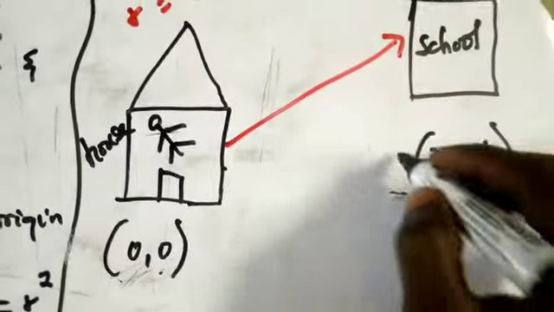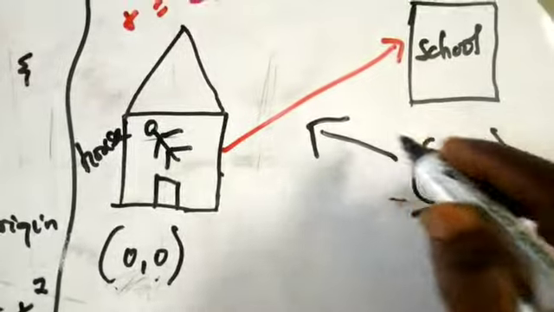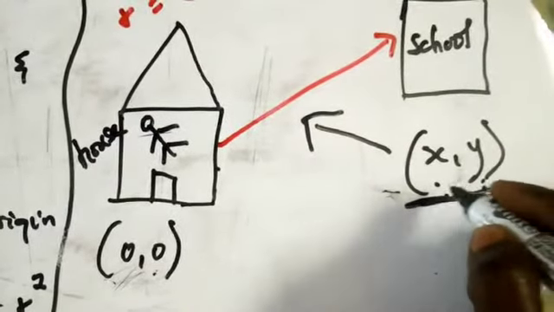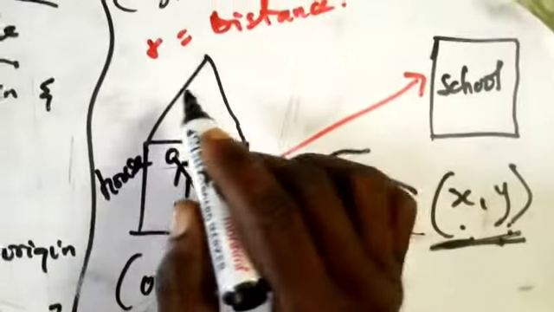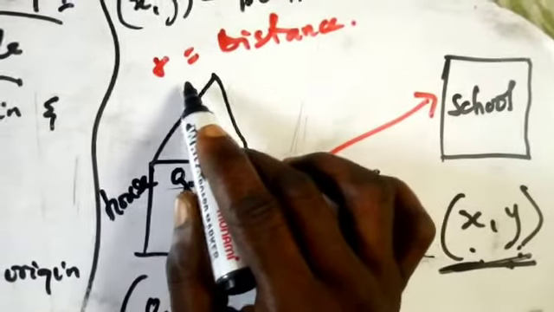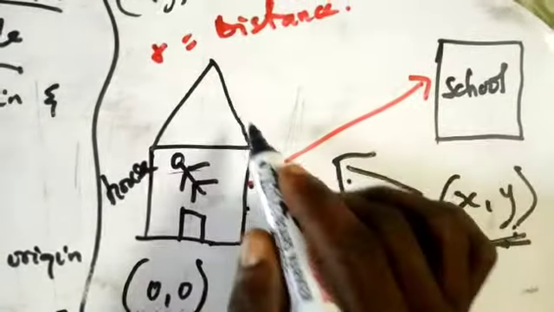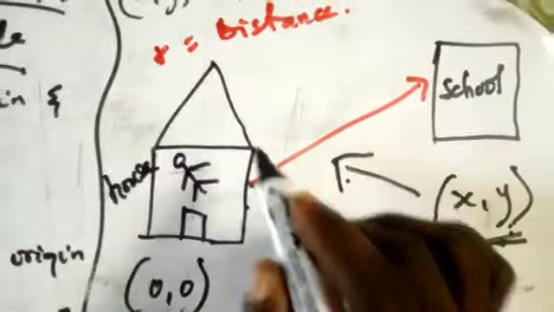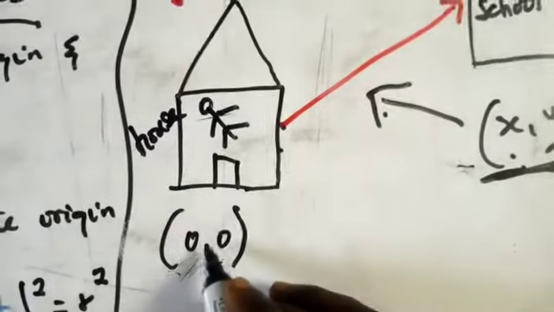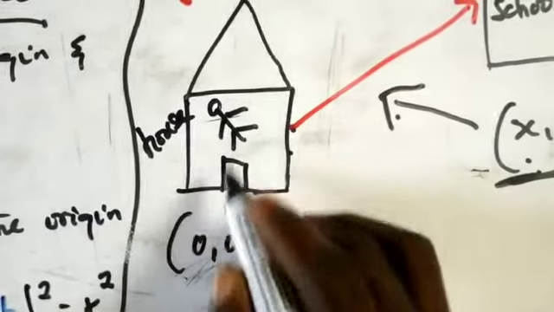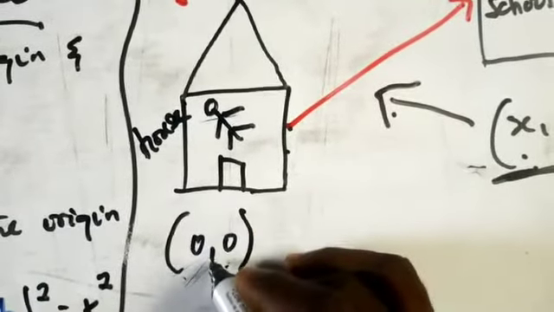Your location will help us to determine your distance. So the distance here is what we represent by R, right? I hope that is very, very simple. Is that okay? So your center will be your current location, where you are. If you are in your house, then it means that you are at 0, 0.